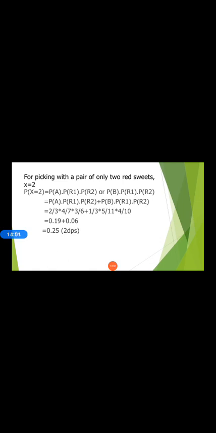From there, now we have X and the corresponding probabilities. If we do that, then we are going to form a probability distribution table showing how X, the number of red sweets, is distributed with its probabilities. Table of distribution: we have X, the number of red sweets, and the probabilities.